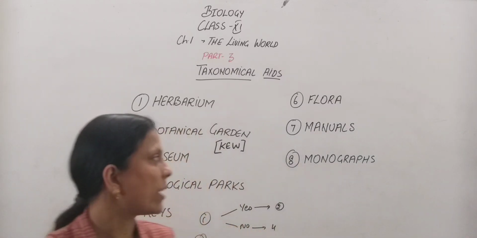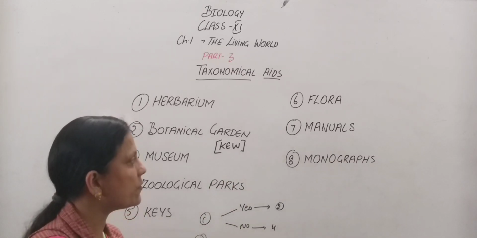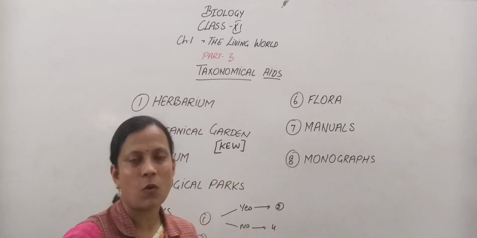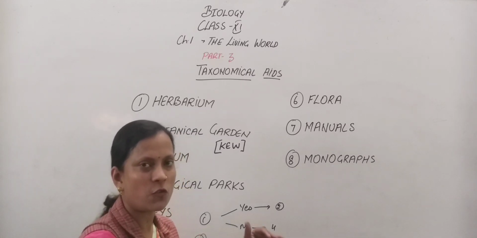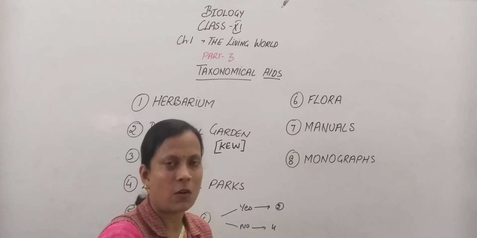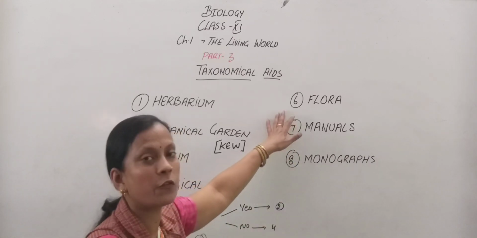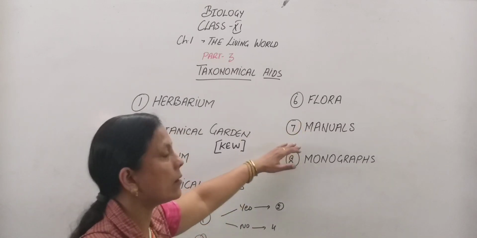Now moving on to the next, flora. What is flora? Flora gives an account of all the plants or vegetation of a particular area. If we want to find out all the types of vegetation of a particular area, we go for flora. The word flora is for plants. Then manuals.